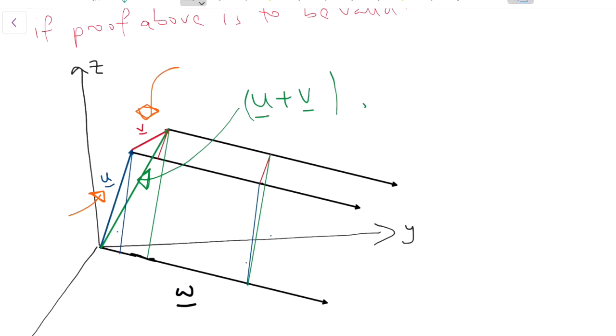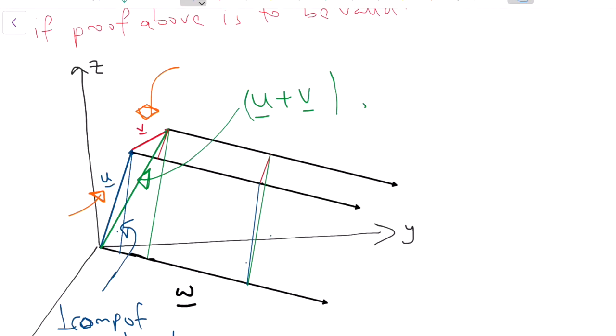And the lines I drew are the projections. So this line is the projection of u onto w, but it's not exactly the projection, I should say it's the perpendicular component of u with respect to w.